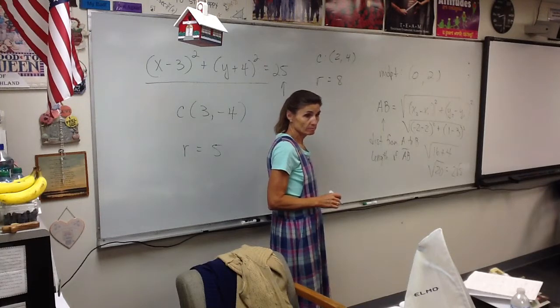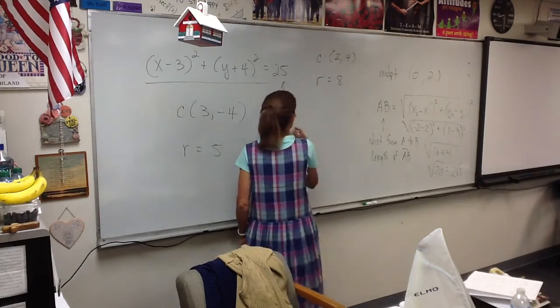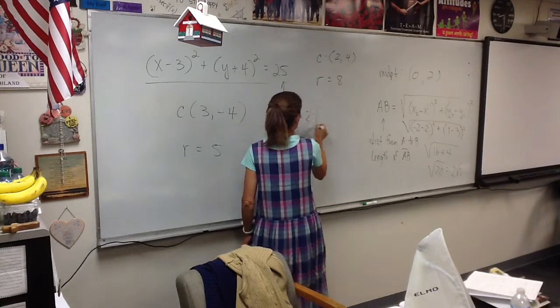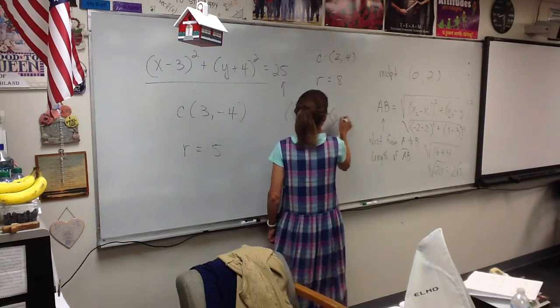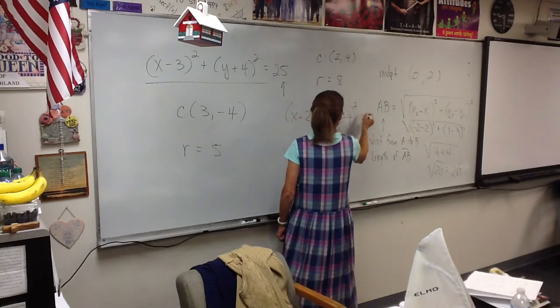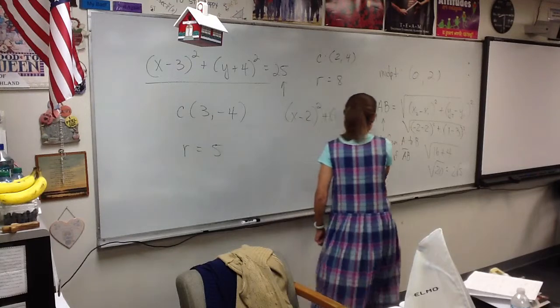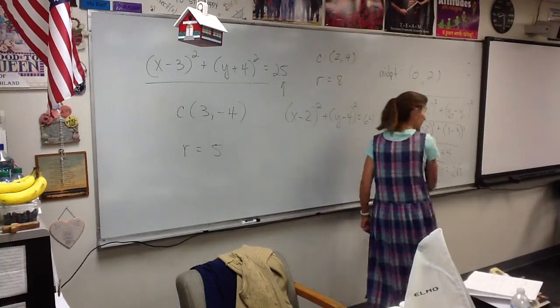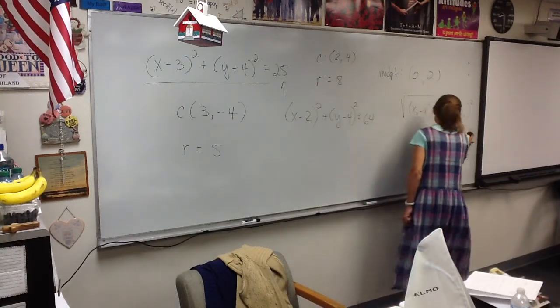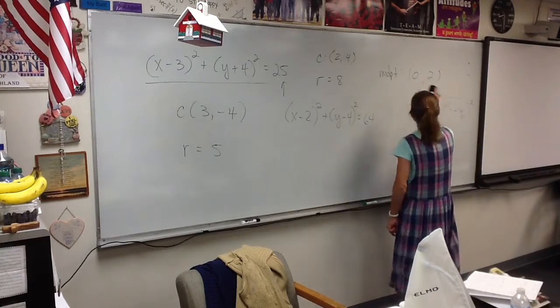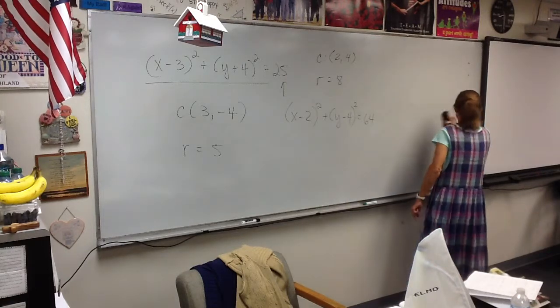X minus 2 squared plus y minus 4 squared equals 64. Perfect. Absolutely perfect. Everybody on board with that? But of course, stuff in pre-cal is never that simple.